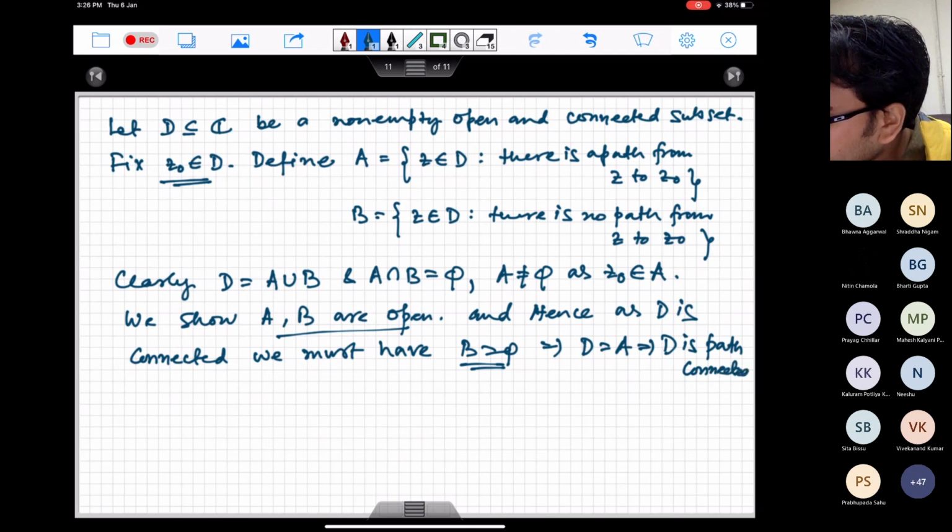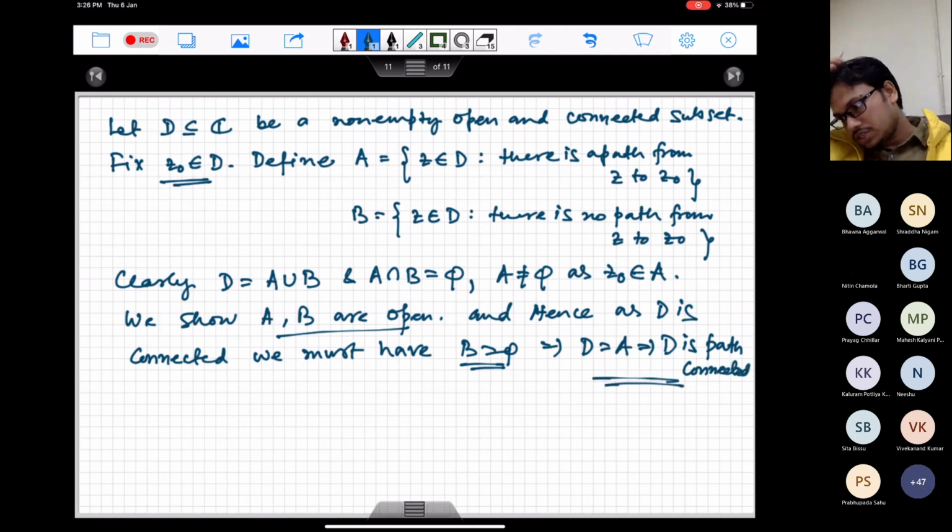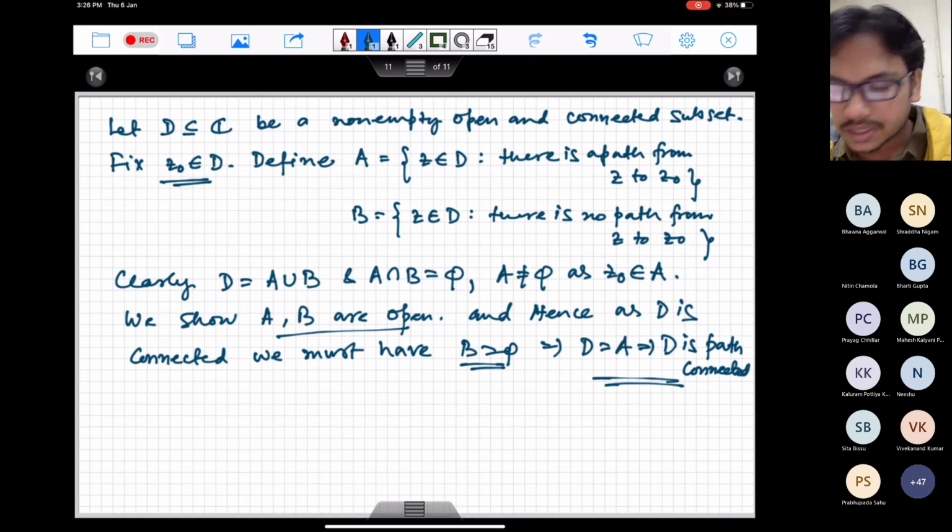Okay, so this part we have already discussed. Let us now quickly show that A and B are actually open sets.